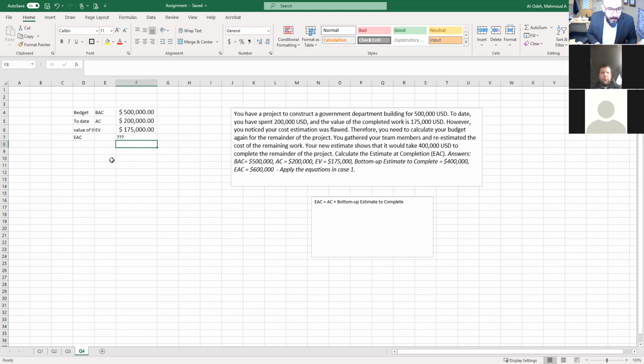And now we're going to apply this equation taken from the slides. Estimate at completion would be the actual cost plus the bottom up estimate to complete. All right, but what is the bottom up estimate to complete? We don't have that yet, so we have to work on this one in particular. That would be considering the bottom up, so we need to put it here.